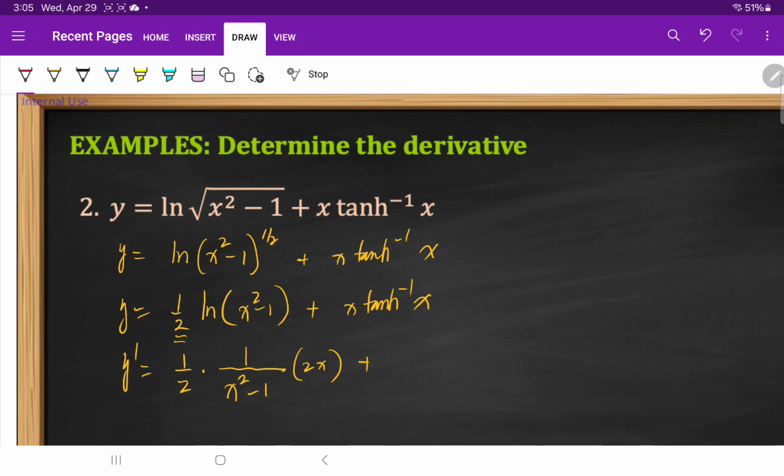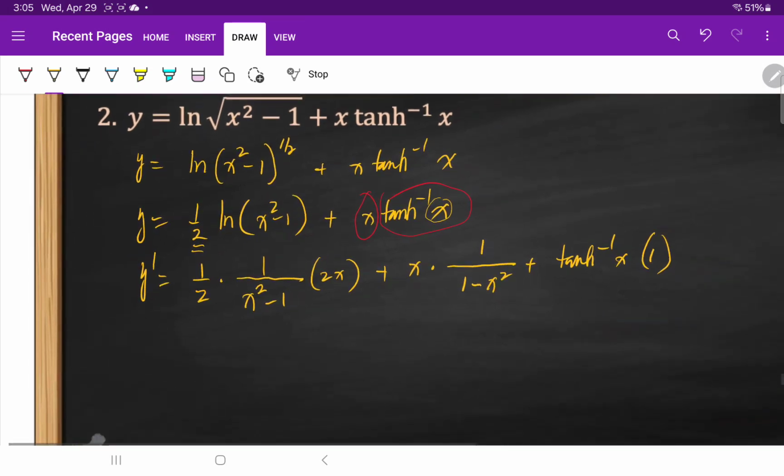Plus, for this one, we use the derivative of a product. So we copy x, then the derivative of inverse hyperbolic tangent is 1 over 1 minus u squared, and the u here is x, so 1 minus x squared. Plus inverse hyperbolic tangent x times the derivative of x, which is 1. So if we simplify, 2 cancels out. You have here x over x squared minus 1 plus x over 1 minus x squared plus inverse hyperbolic tangent of x.